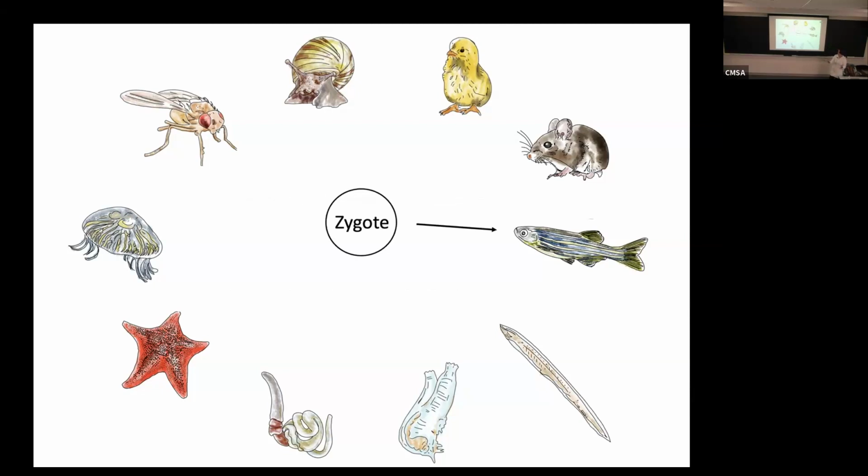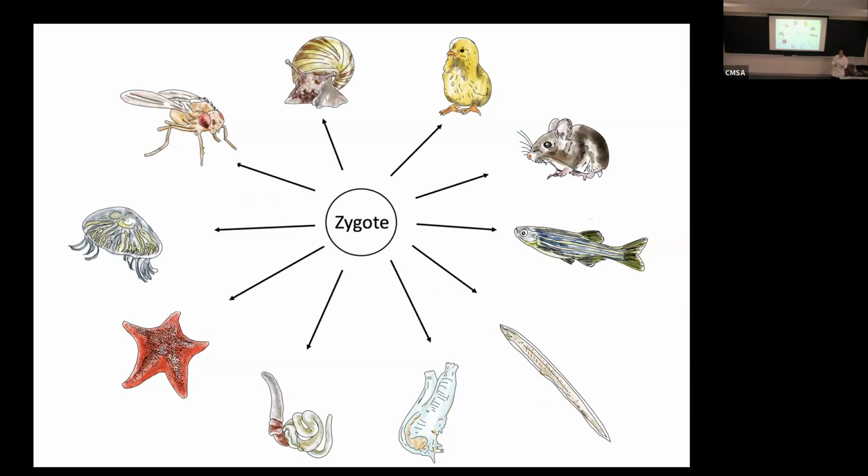And by comparing this process between many different species, we try to understand what are the fundamental laws of development that cannot be altered and always apply, and what are the parts of this process that can be tweaked in order to make different forms, right?